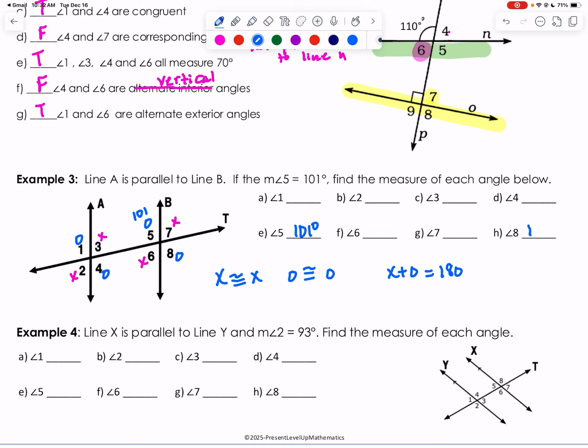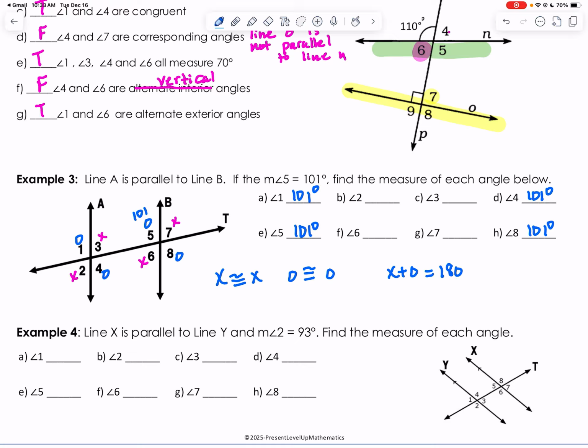So I know angle 8 is also 101. I know the measure of angle 1 is 101. Whoops, why did I write 100? I meant to write 101 degrees. And I know the measure of angle 4 is 101 degrees.